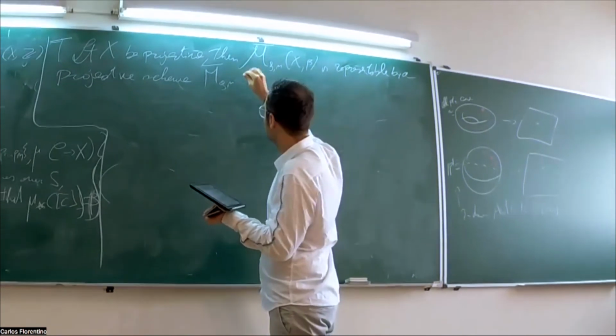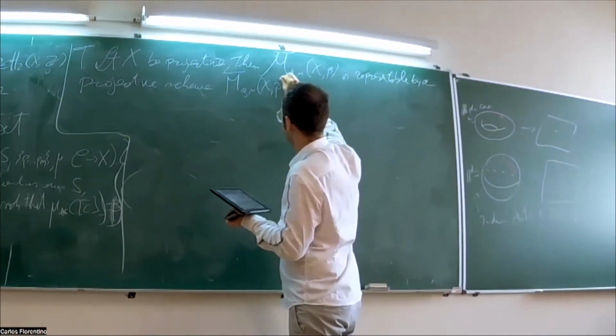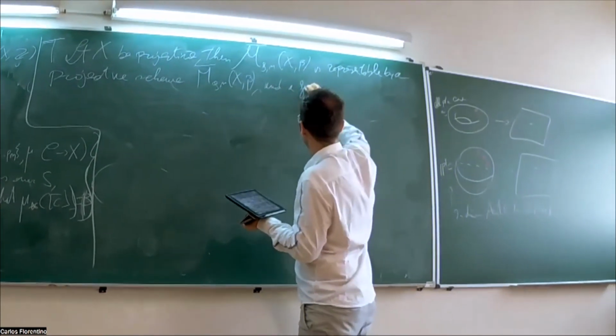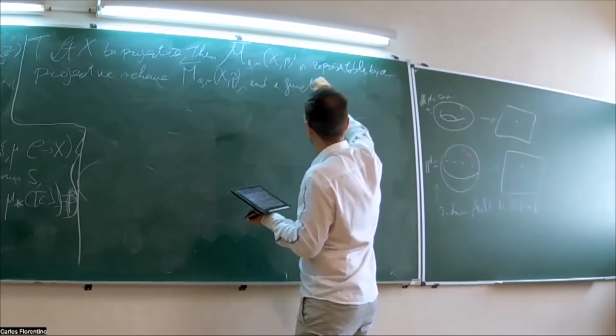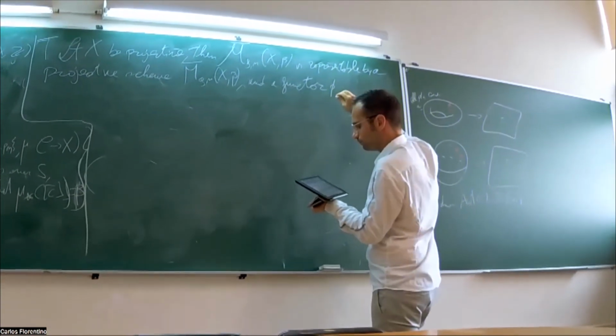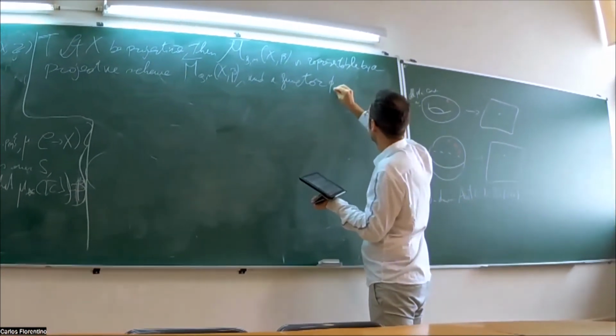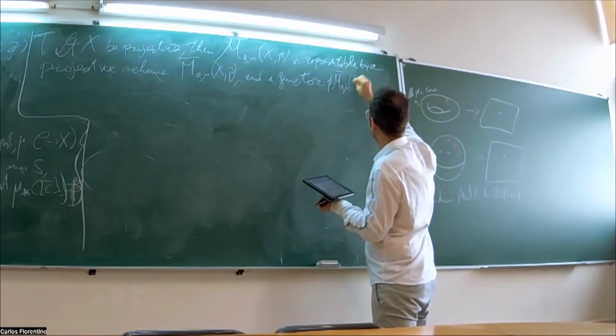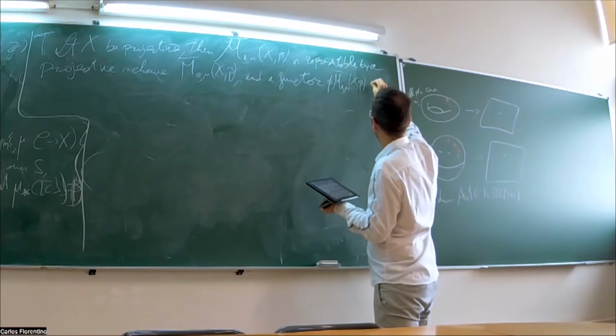M bar_{g,n}(X, beta), and a functor mu_{g,n}(X, beta).